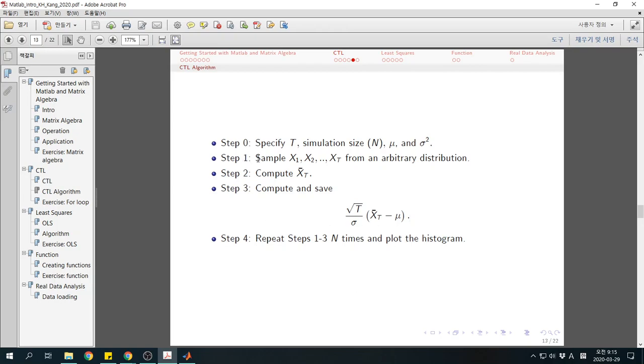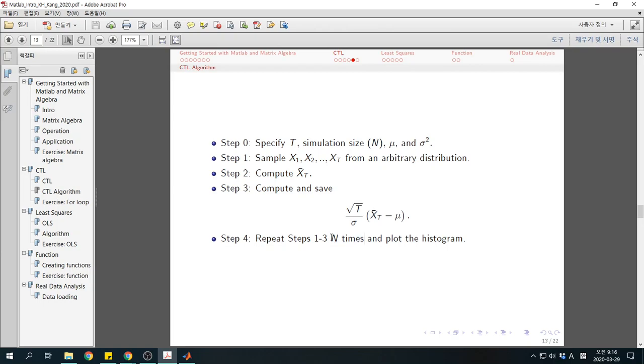Then we go back to step 1. We draw another capital T random variables, independent of the previous iteration, compute the sample average and its normalization, and save it. We repeat this N times, 10,000 or 100,000, whatever.